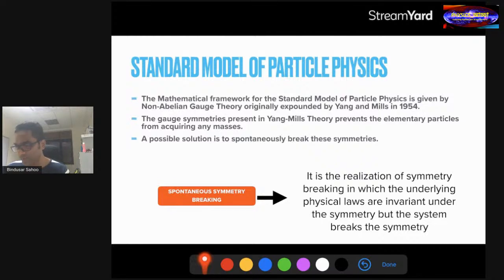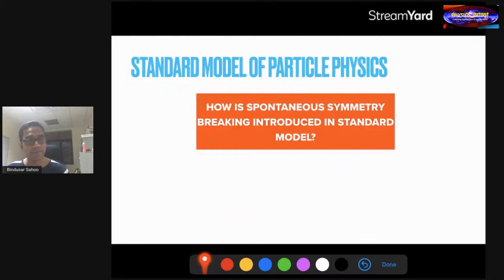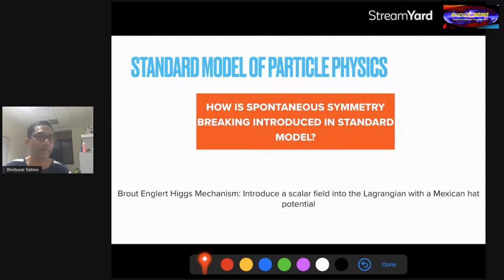So one has to introduce a spontaneous breaking of these gauge symmetries so that the particles can acquire masses. And how is this spontaneous symmetry breaking introduced in the standard model? This was an important question for the standard model, and it was answered by three scientists, Brout, Englert, and Higgs, and it is known as the Brout-Englert-Higgs mechanism.